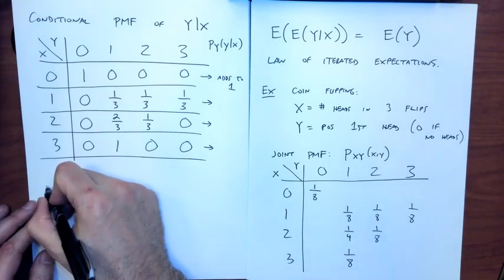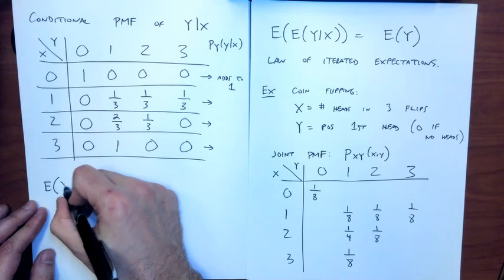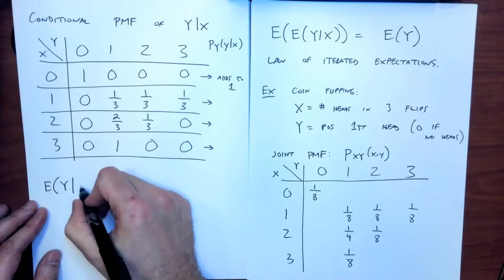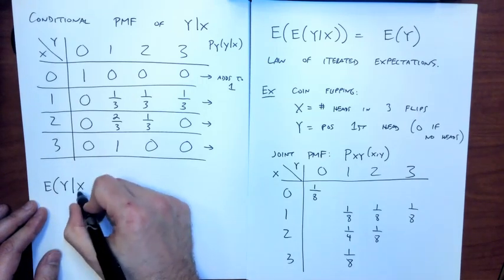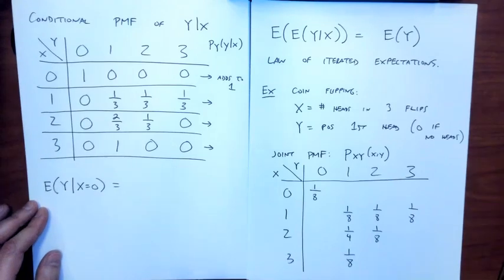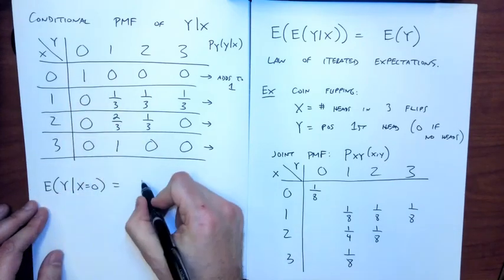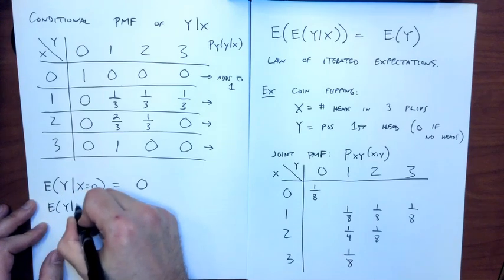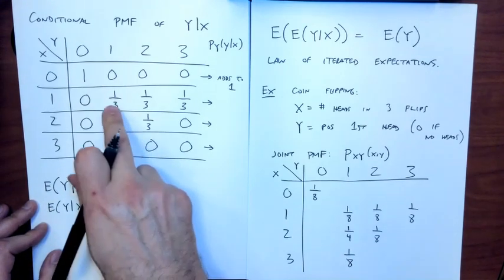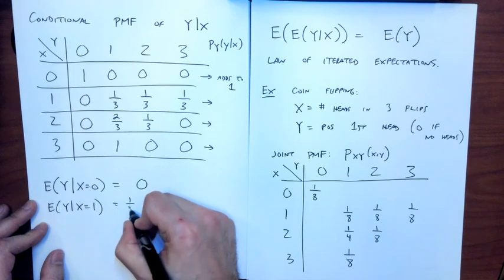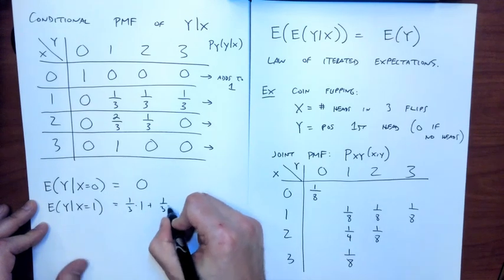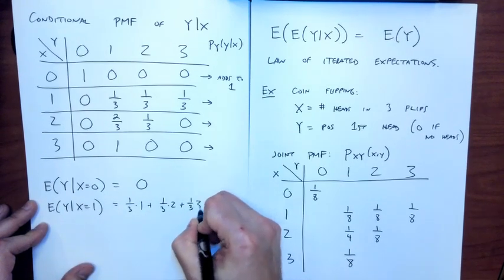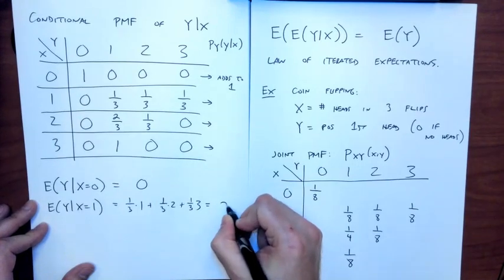So if I want to compute the expected value of y given x equals 0, it would just be 0, a certainty. If I want to compute the expected value of y given x equals 1, I can write down 1/3 times 1 plus 1/3 times 2 plus 1/3 times 3, and this gives me 2, the middle value.